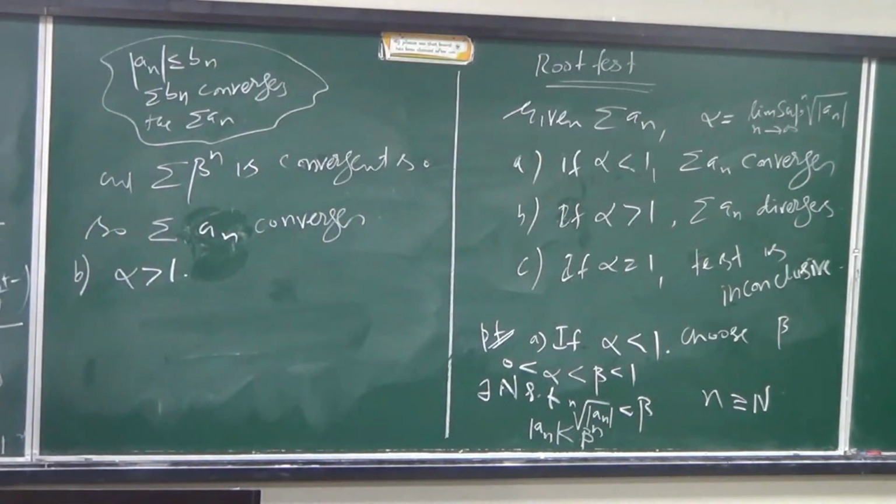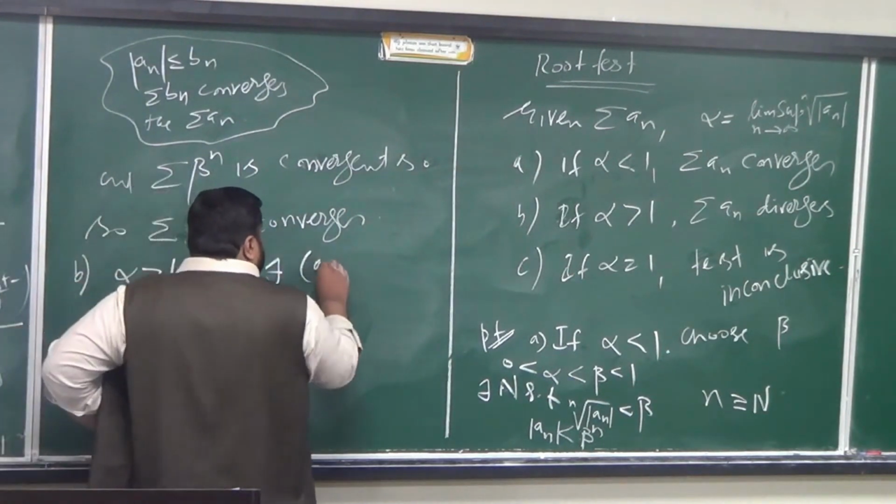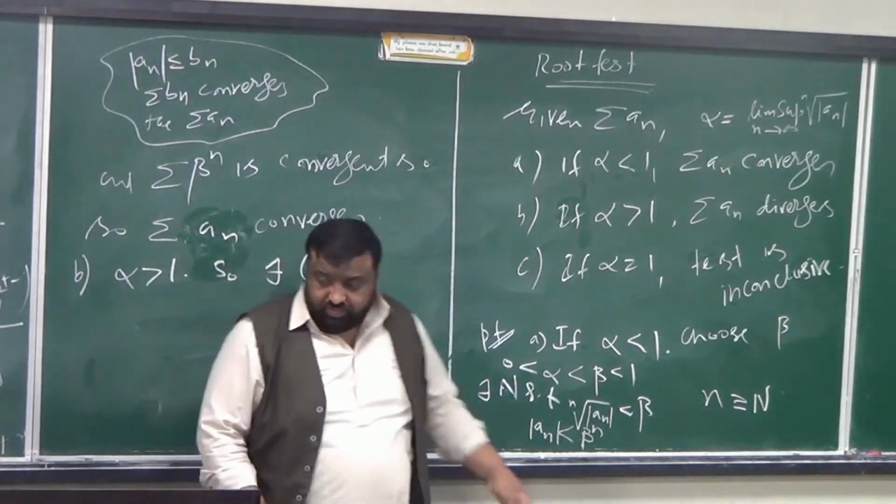So if alpha is the lim sup and it's bigger than 1, then there exists a subsequence a_{n_k} of this sequence. Why? Because of the parent sequence.